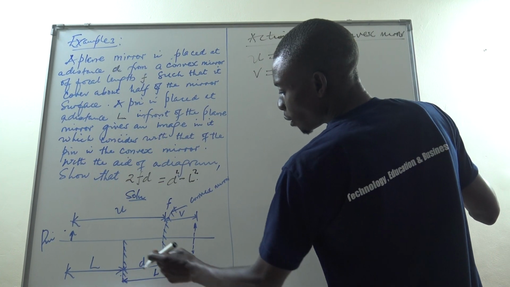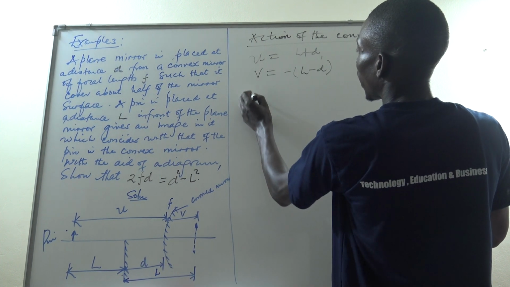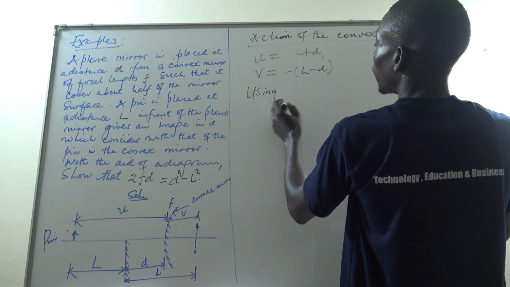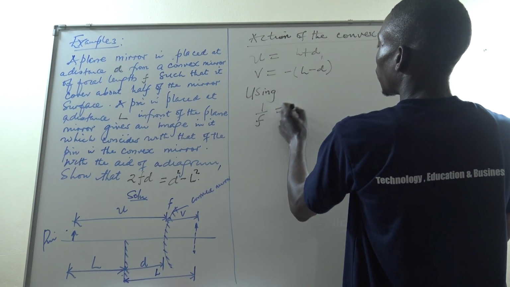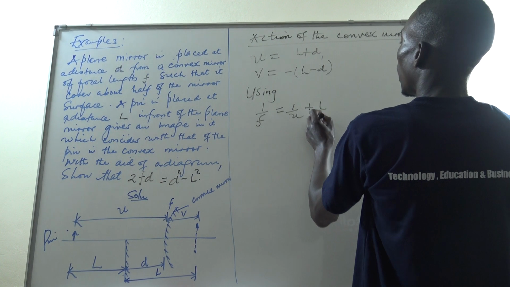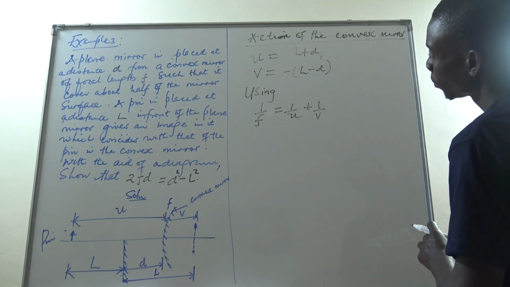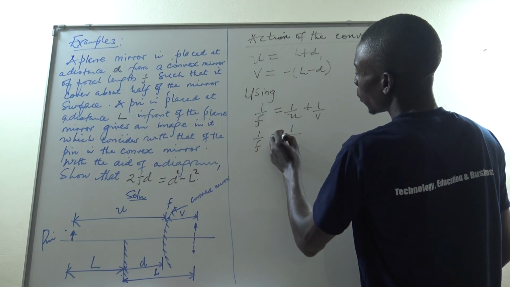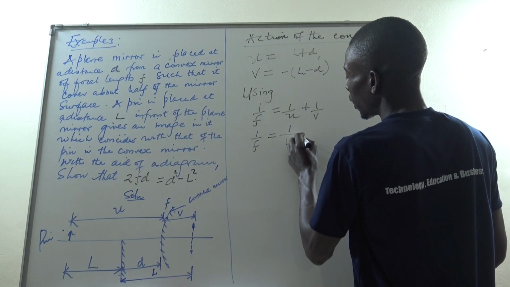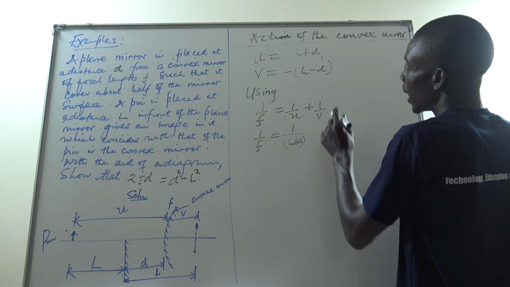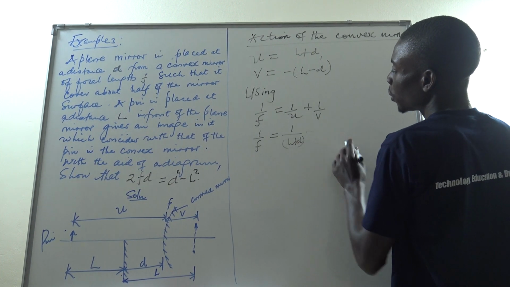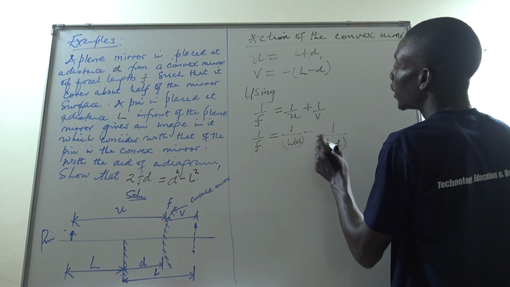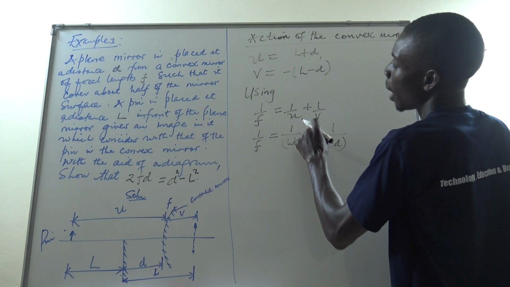It is the L subtract D that will be negative. And then I can say, using 1 over F equals 1 over U plus 1 over V, I'll therefore say 1 over F equals 1 over U, which is L plus D. And because here is going to be a minus, I can just put it here directly and say this is L minus D. This negative has now come here.